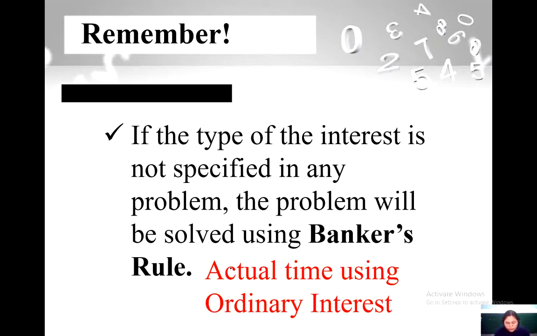So Banker's rule is also known as ordinary interest. When we say ordinary interest, the denominator is 360, and for the exact interest, the denominator is 365 days.